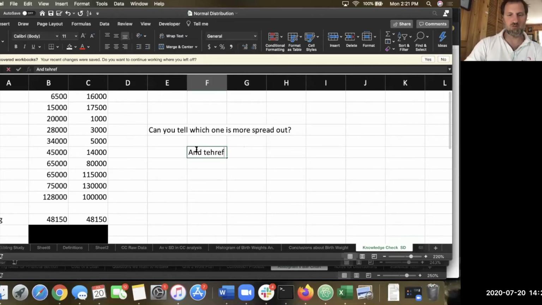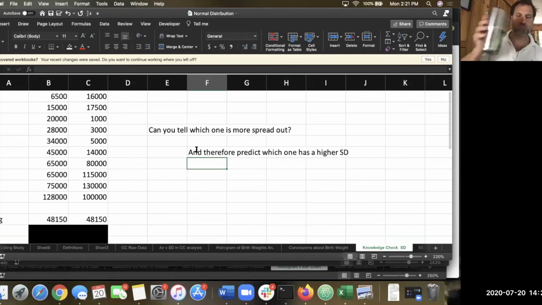And therefore, I want you to predict which one has a higher standard deviation. And again, not easy here because just looking at a bunch of numbers, they both have the exact same average.